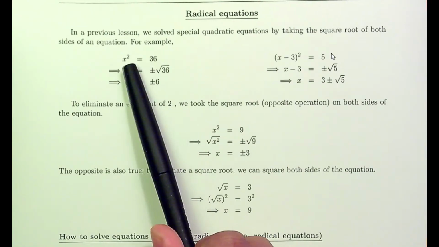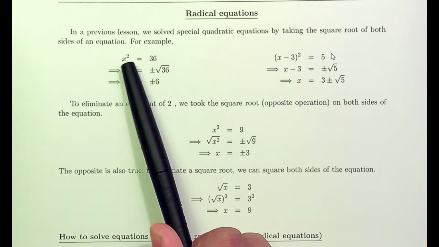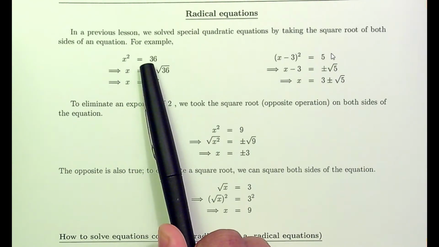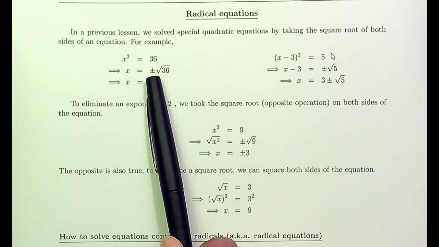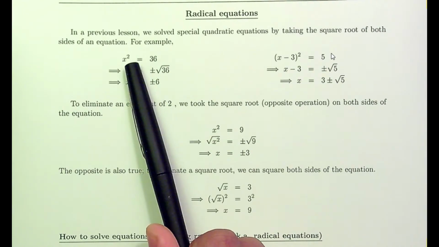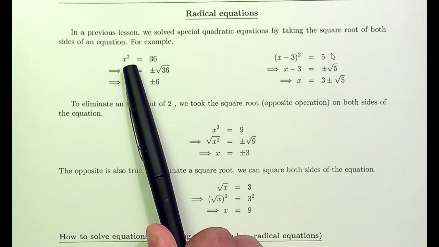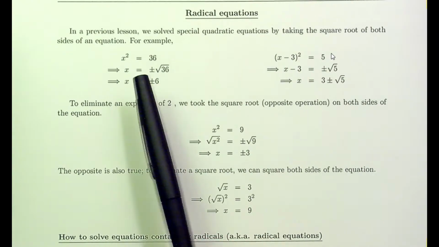To get x all by itself, you take the square root on both sides, but you have to remember to put plus or minus on one side. That was the rule. So in this example, you would have x equals plus or minus 6.